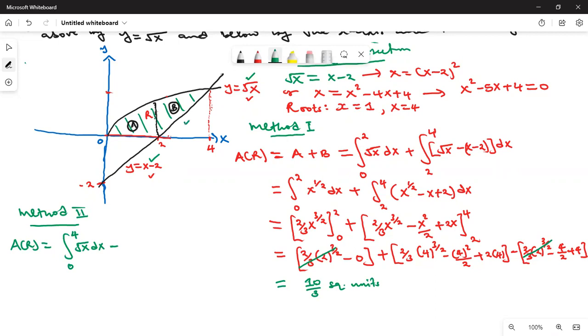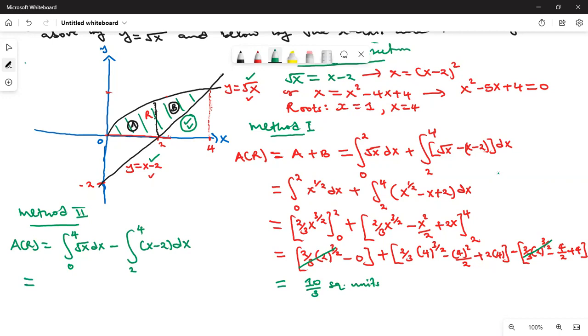But we have to subtract this area. So how do we get the area that I have ticked? Now you integrate the line only, x minus 2 between 2 and 4. So minus the area between 2 and 4 of x minus 2 dx. And so this looks simpler.